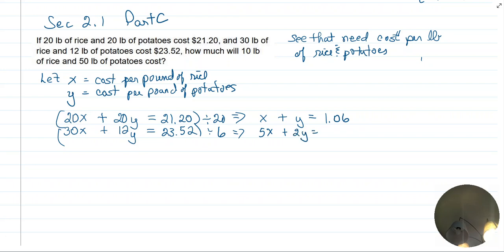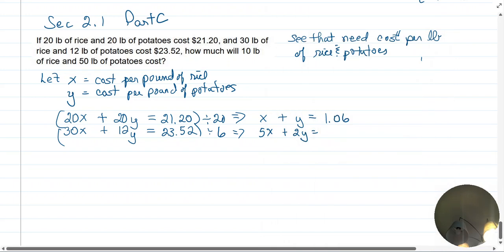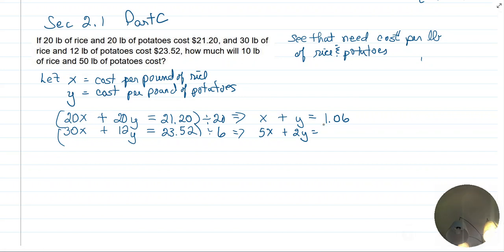And I'm going to divide that using our calculator: 23.52 divided by 6. I get 3.92. All right. So I have done that. Let's see, make sure I have everything correct. Yes. So now I have these two to contend with.